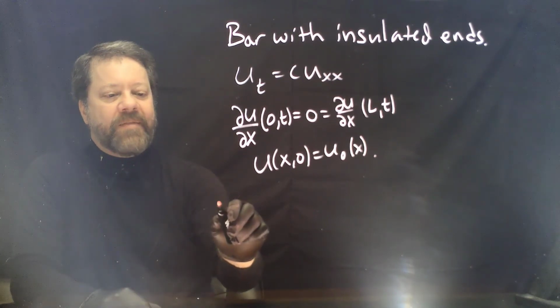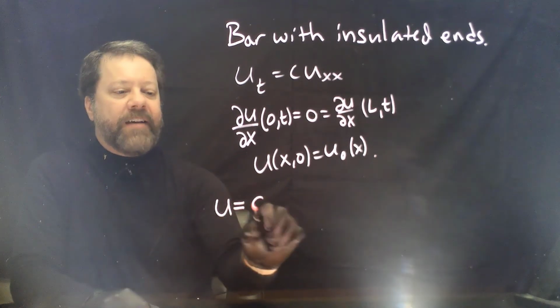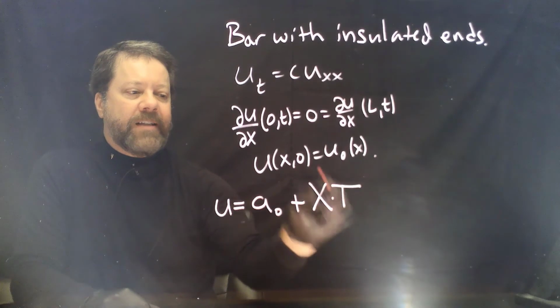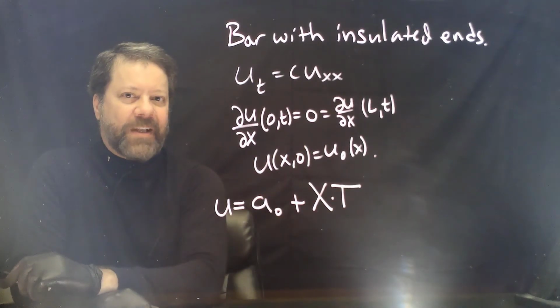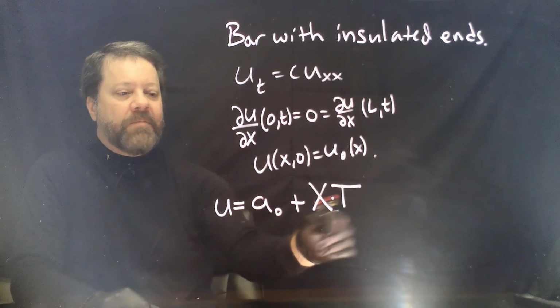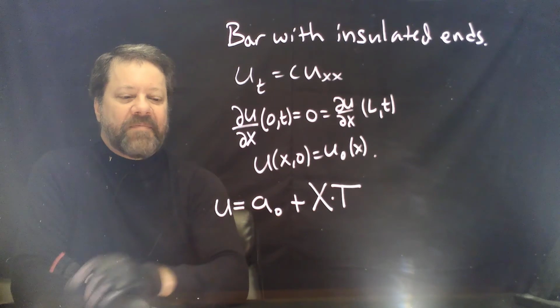In this case, the separability requirement is that we have some constant plus X(x)T(t). The solution will have some form like this. It's a little bit different. We're not assuming a direct product, but a constant plus a product in this case.